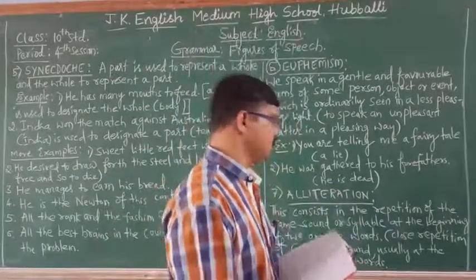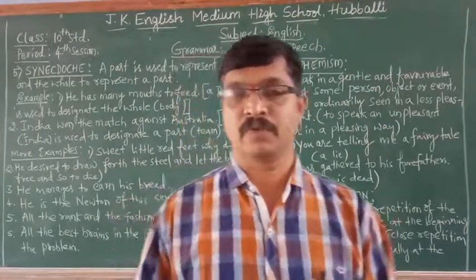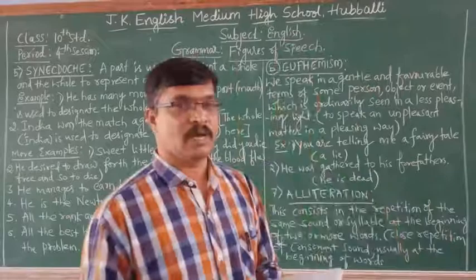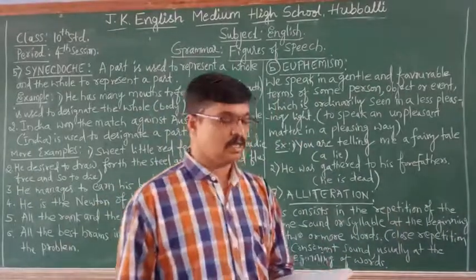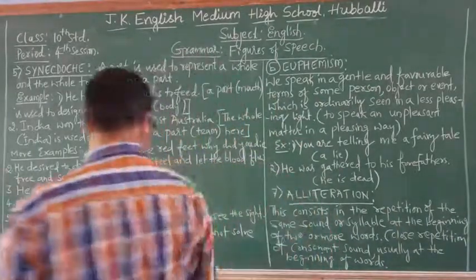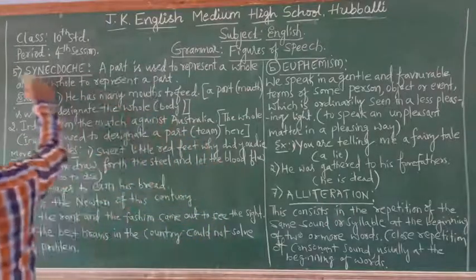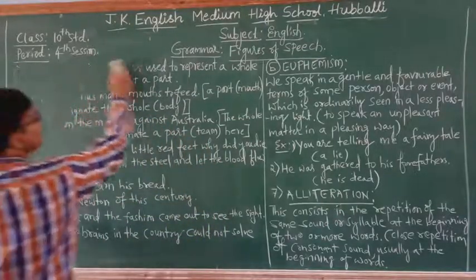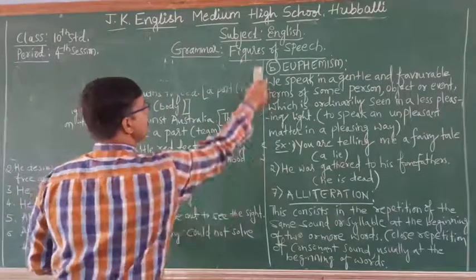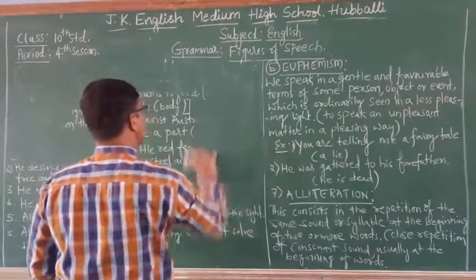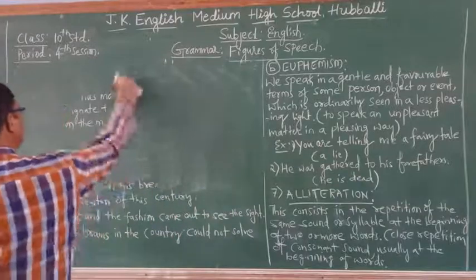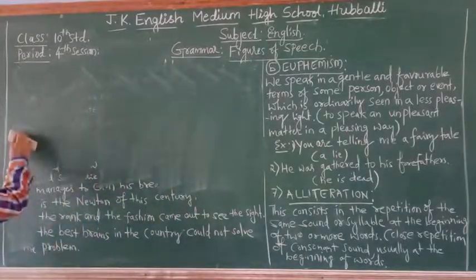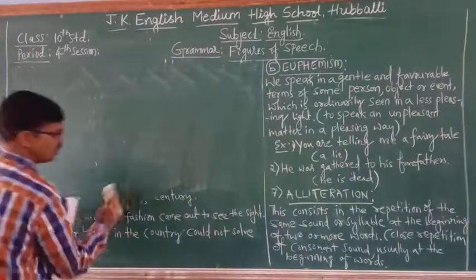Generally, if you can remember this one as a tongue twister, that is alliteration. So after this, write some more points here. Write down, children. For alliteration, an example right here: a tongue twister comes under alliteration.